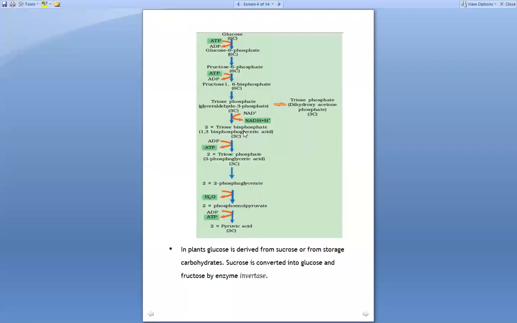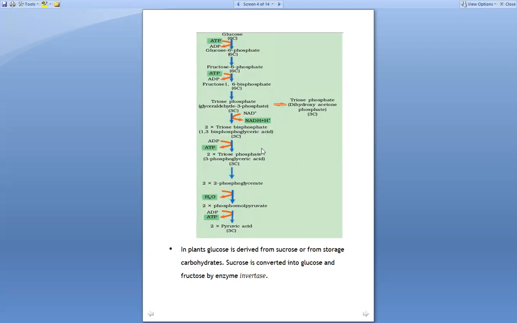From the bisphosphate, that means two phosphates are there, one phosphate is released, and this phosphate is used in the formation of the ATP energy, right? So this ADP gets converted to ATP, that is, di gets converted to tri, upon the release of one phosphate. So the triose bisphosphate gets converted to triose phosphate, right?